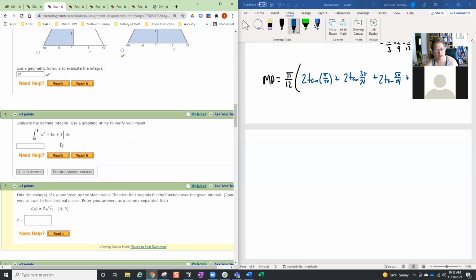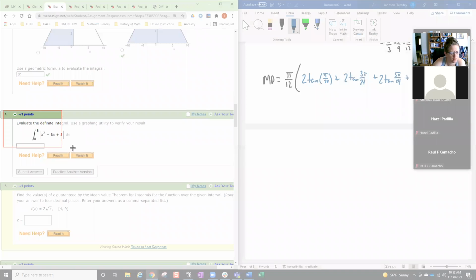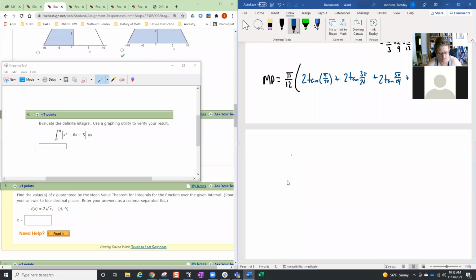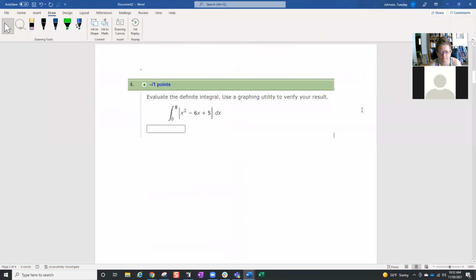As I'm evaluating the definite integral, it says use a graphing utility to verify your results. Of course, we would never do that in a class where graphing utilities are not allowed. Let's do this. Just move this over here to make it so we can work on it.